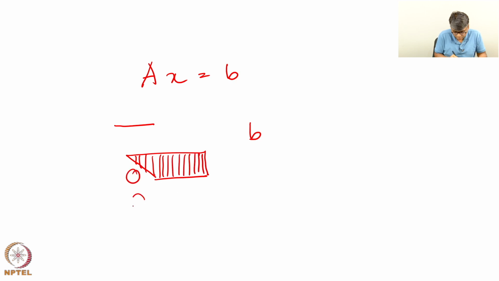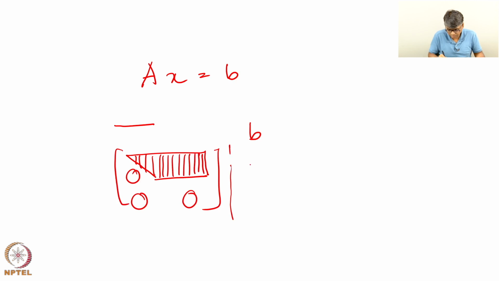And the remaining things must be 0. What is the solvability condition for this? When you augment this with b, this means that you have done the same row operations on b, and b must have this form. Then and only then A and A augmented with b will have the same rank. But the meaning of this, yeah, indeed there is a solution.